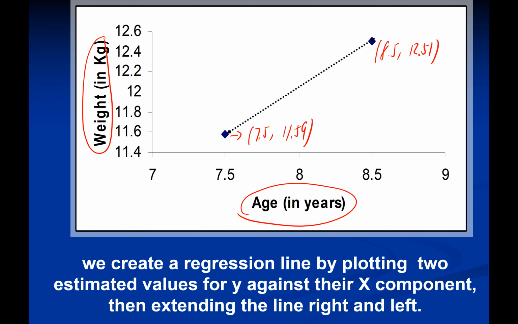Two points determine a straight line. So you get a regression equation, a regression line, and this is what we call the best fitted line, a regression model.